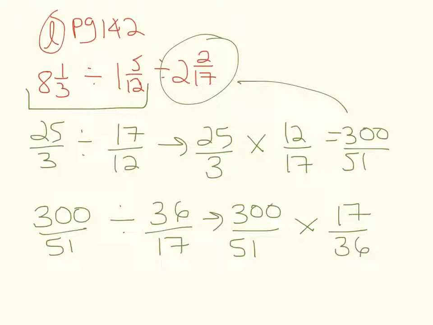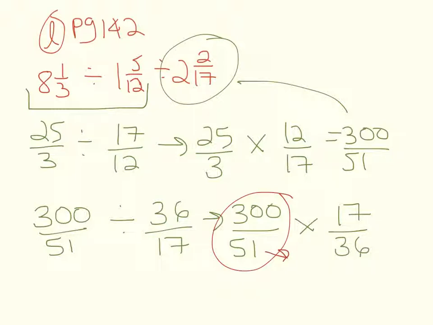If we look at our first fraction here, our 300 over 51, again, the divisibility law that I explained to you in class last Tuesday shows us that for the prime number 3, if the sum of the digits is divisible by 3, the whole number is.